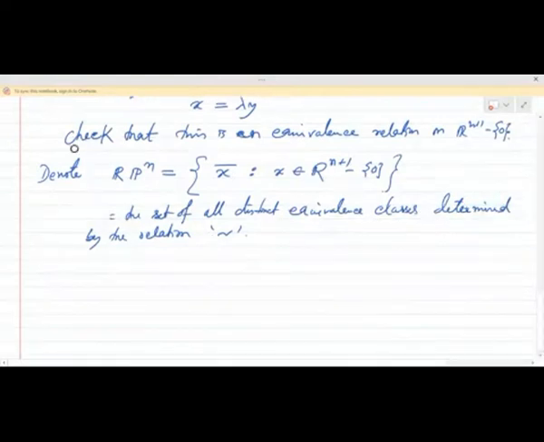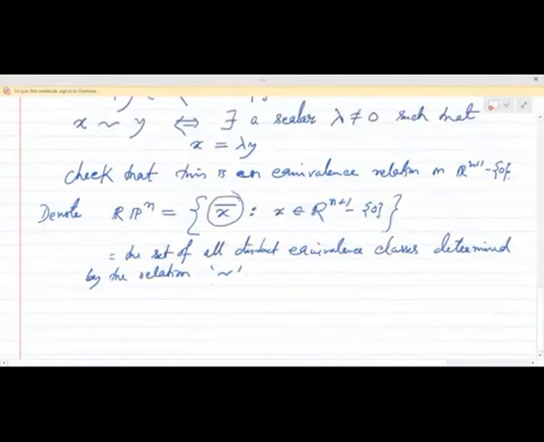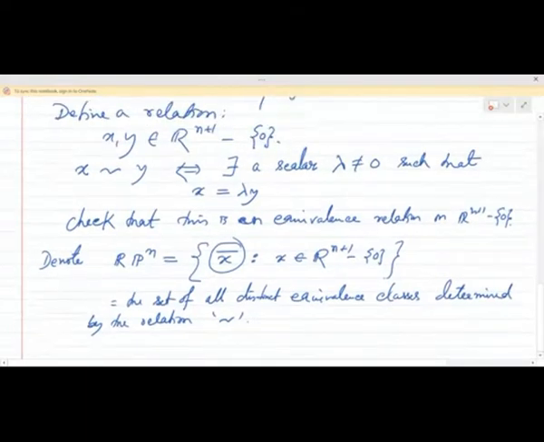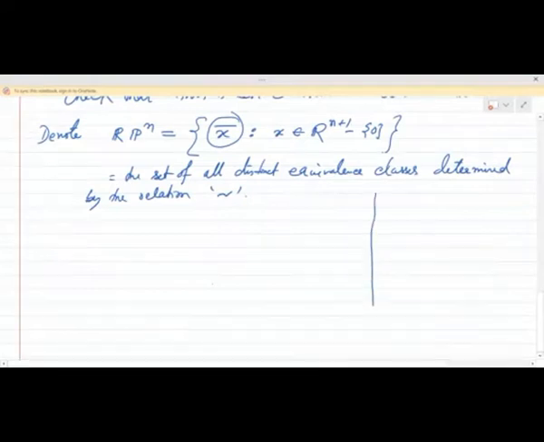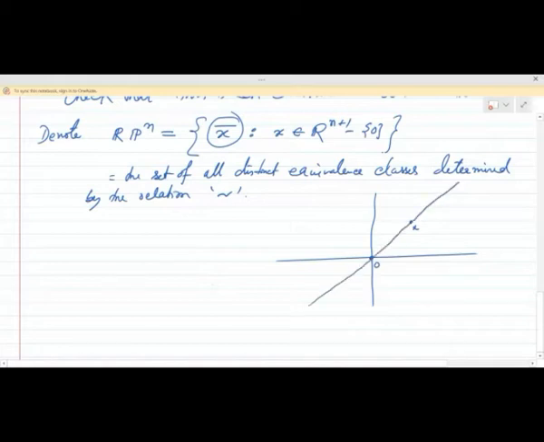Now, if you look at these classes, suppose you draw a schematic picture of Rn plus 1, or just think of the Euclidean plane, with the origin 0 and a point x. Then the equivalence class of x will give you a straight line Lx passing through x and through the point 0.